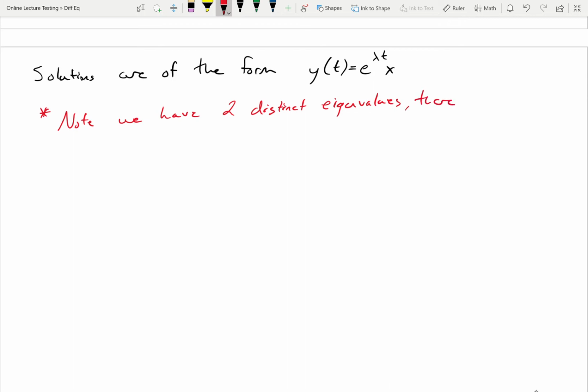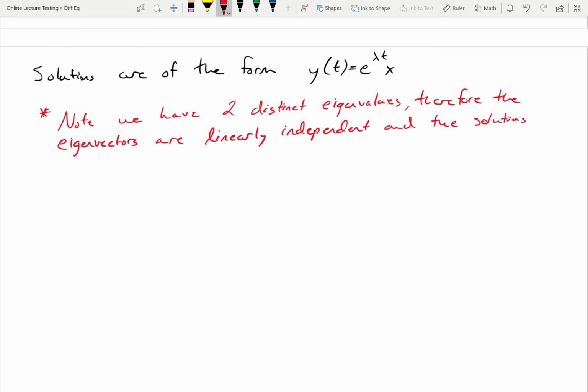Therefore, the eigenvectors are linearly independent. And the solutions form a fundamental set. Okay, so therefore, we can get into our general solution.